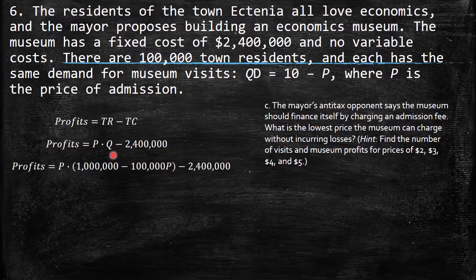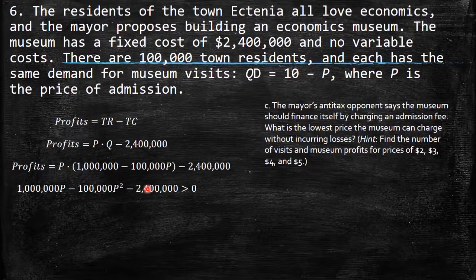Then you can represent Q as 10 minus P. But remember that you have 100,000 residents. So 100,000 times 10 is 1,000,000, and 100,000 times 1 is 100,000. Then you multiply that: it's going to be P minus P squared, minus the fixed cost.